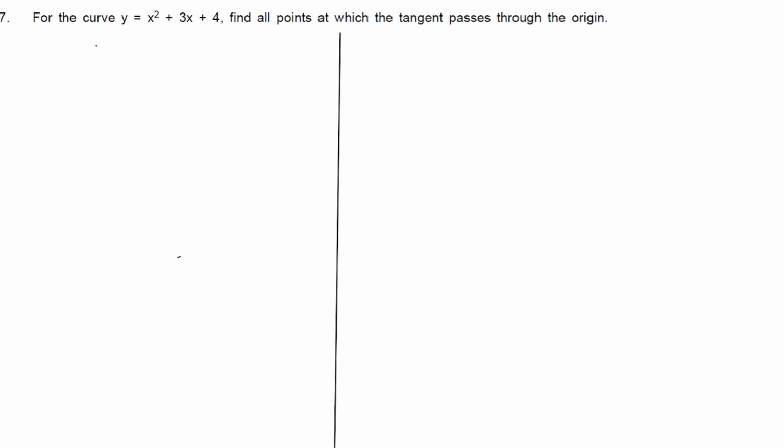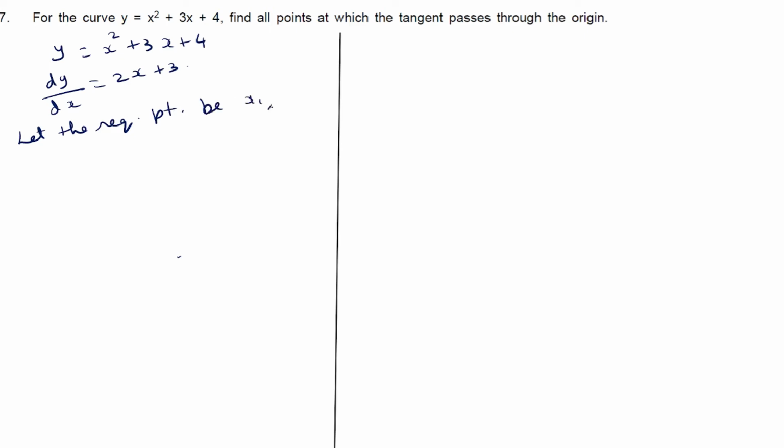So first, the given curve is y is equal to x square plus 3x plus 4. Now from this, let us try to find the slope of the tangent, dy by dx. It is 2x plus 3. So let the required point be, similar to the previous one, x1, y1. In that case, the slope of the tangent will be dy by dx at x1, y1.